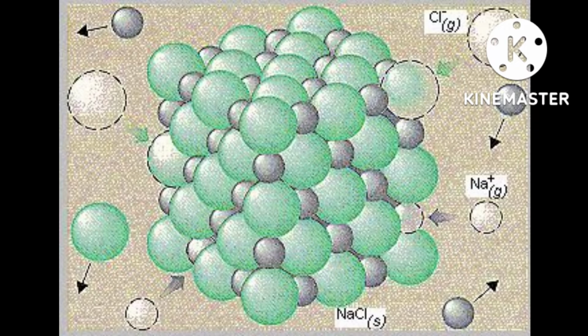When an ionic compound, for example NaCl, sodium chloride, dissolves in a solvent, the ions leave their ordered position. Actually NaCl is arranged in a crystal in a well-defined order.